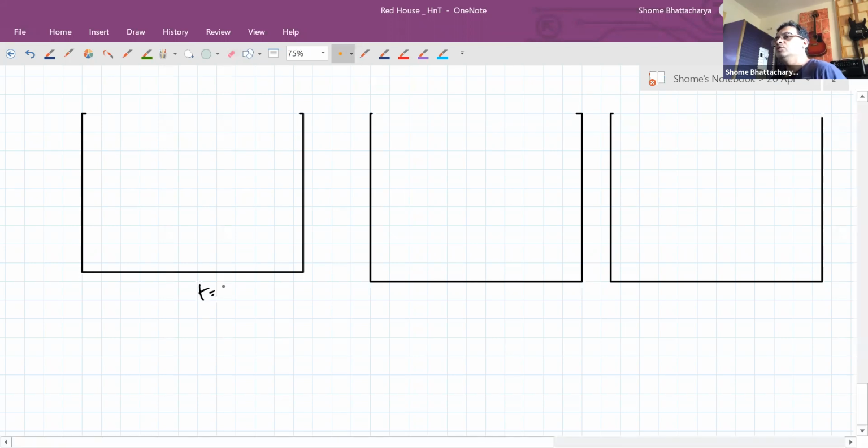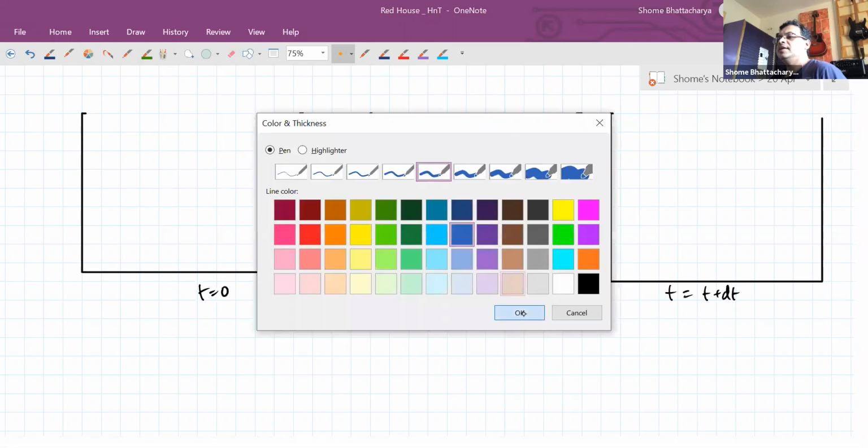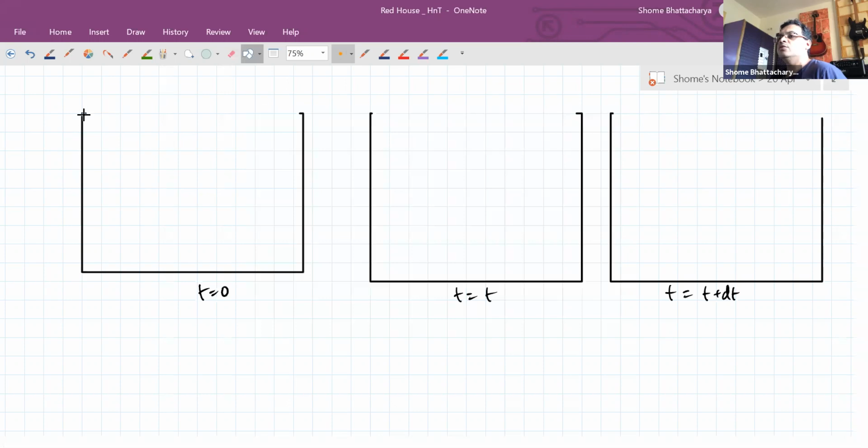So at t equal to 0, it was completely water. At time t, suppose we have a certain layer of ice of thickness x at the top, and then at time t plus dt, that thickness of the layer of ice further increases.